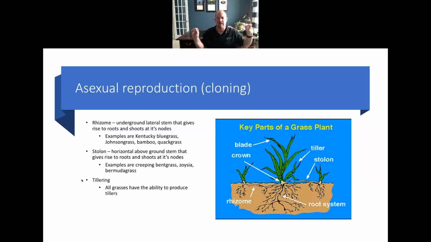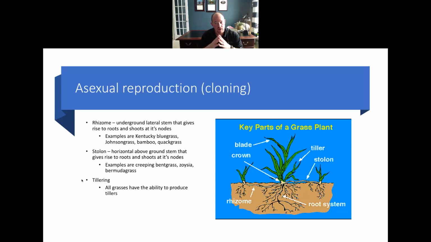These are lateral stems that the plant will put out, and they have a node, and at that node they will produce a clonally identical plant. So again, they call them daughter plants from the mother plant. These are genetically, clonally identical to the mother plant.